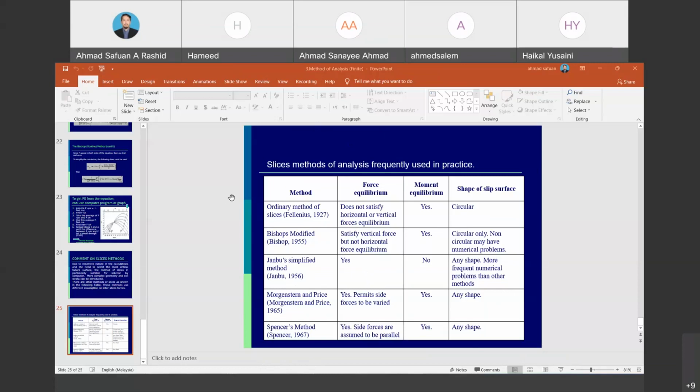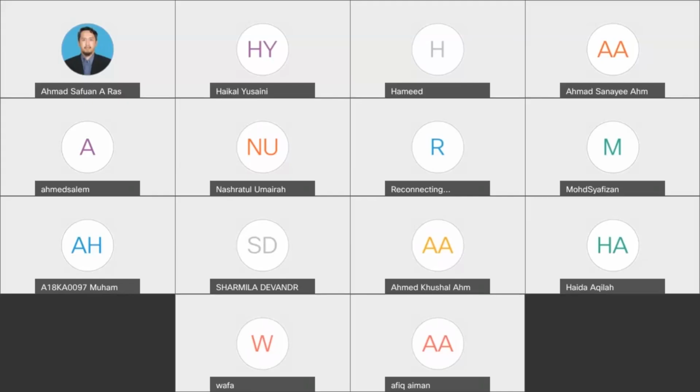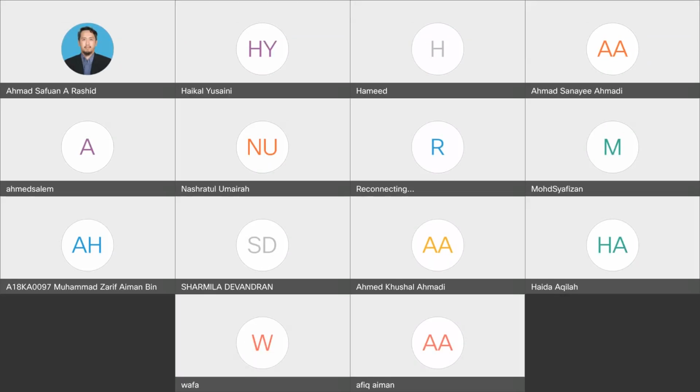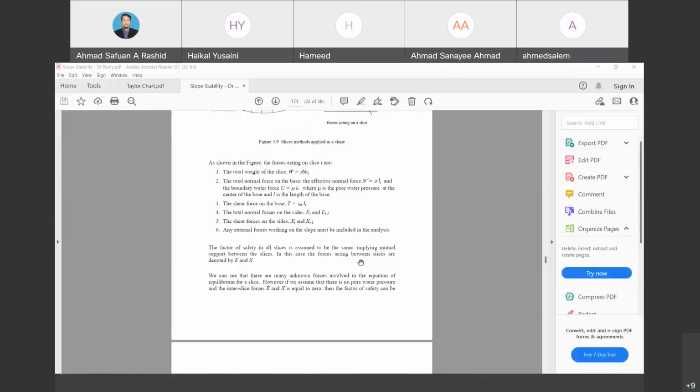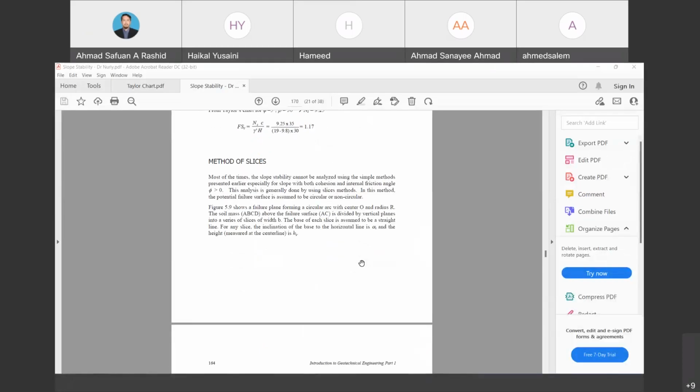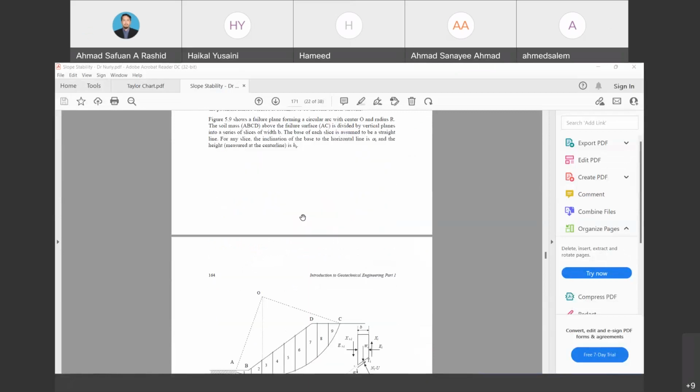Calculate the factor of safety for a slope with a given failure plane. You may read Dr. Noligofa's introduction part on the method of slices here.